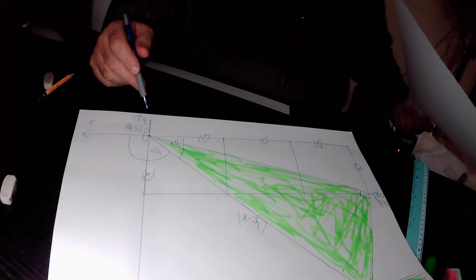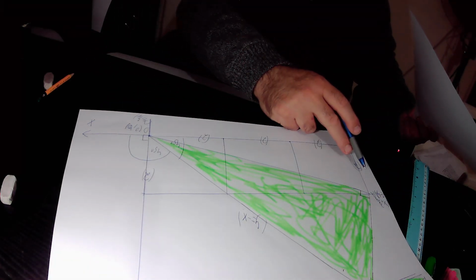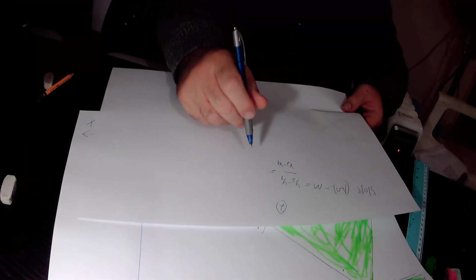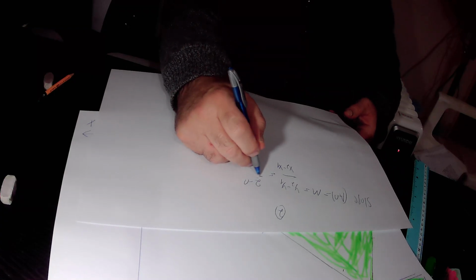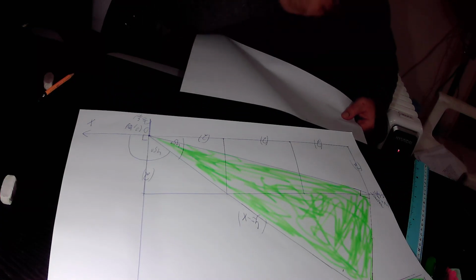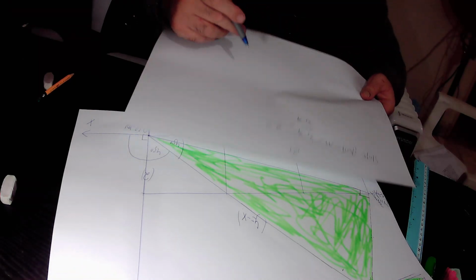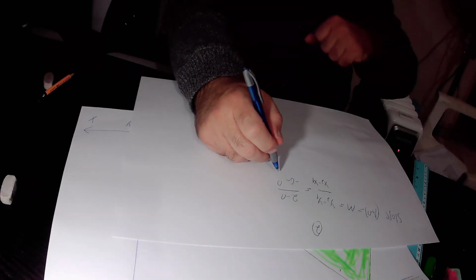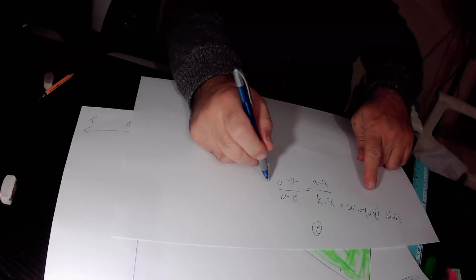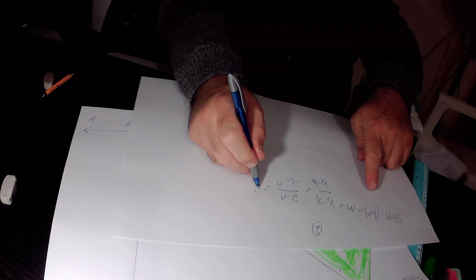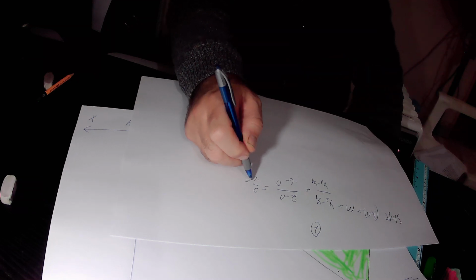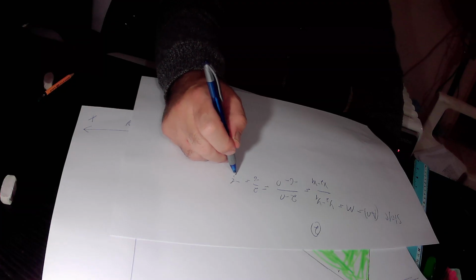So y2 minus y1: y2 is 2, minus y1 is 0, so it is 2 minus 0 over x2 minus x1. x2 is minus 6, minus x1 is 0. So then we found out that the slope of the straight line AO equals 2 minus 0 is 2, over minus 6 minus 0 is minus 6. 2 over minus 6 is minus a third.